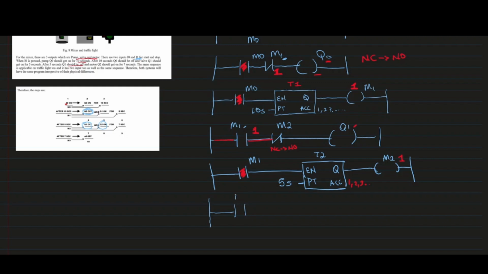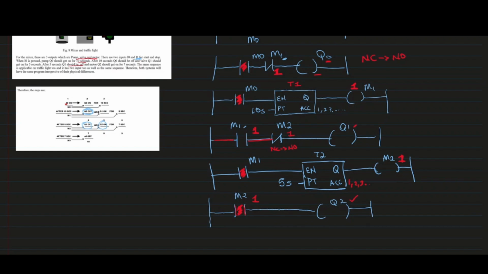So this is going to be M2 and this is going to be Q2. Please note again, it has a value of 1 here, and it will still have a value of 1 here. But because it's a normally open contact, when it is energized, that's when it will actually start conducting, effectively turning on Q2. So we're going to have this.